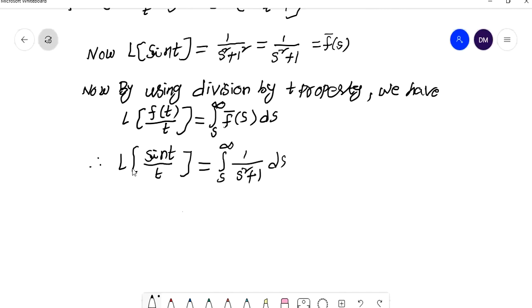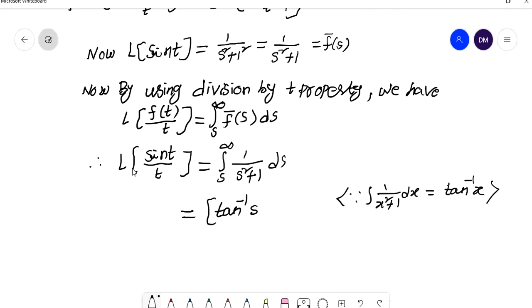This is in the form of the integral of 1 by x square plus 1 dx. The formula gives tan inverse of x, so the integration of 1 by s square plus 1 is tan inverse of s. Now the limits are s to infinity.